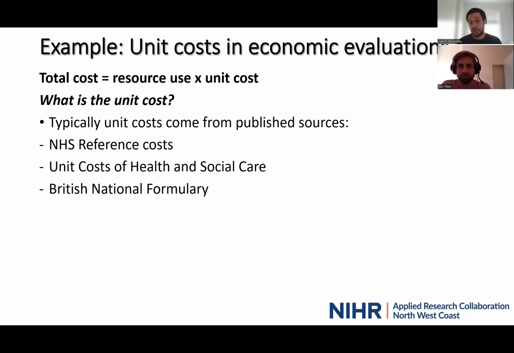And we tend to use unit costs which come from published sources like the ones listed here: NHS reference costs, which is the go-to place for unit costs of services and treatments, and Unit Costs of Health and Social Care, which is the go-to place for salaries for healthcare and social care professionals, and also the British National Formulary, which is the place where we get the information about medication costs. So that's how we treat the problem of calculating opportunity costs in economic evaluations.